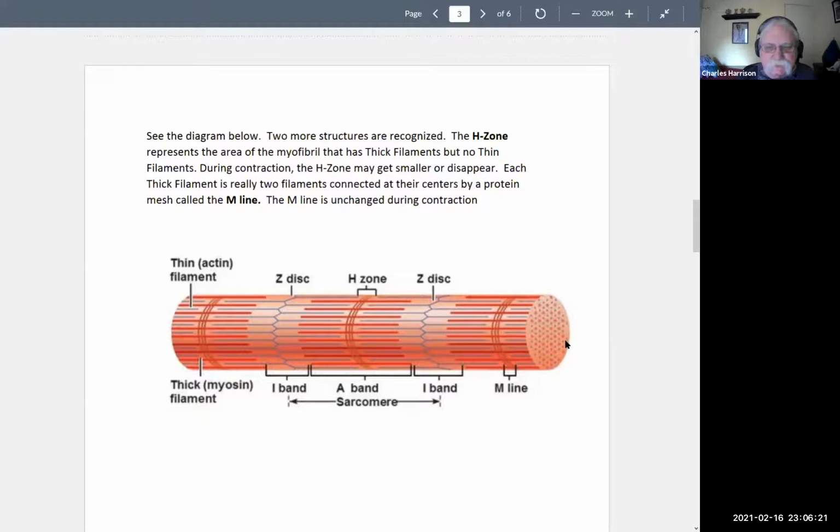It's going to stay put. But the muscle is going to contract when calcium is released into the muscle itself. So when that happens, this end of the muscle moves this way, the whole thing.